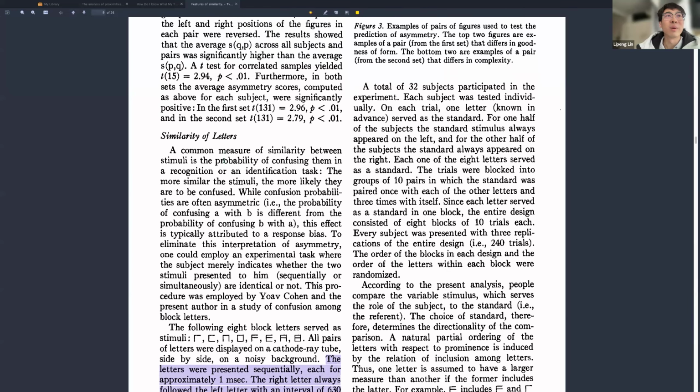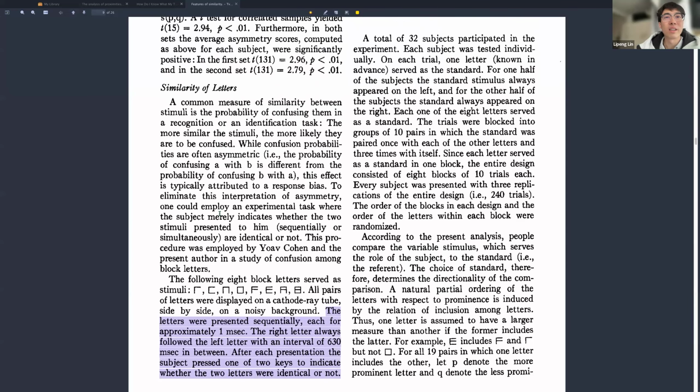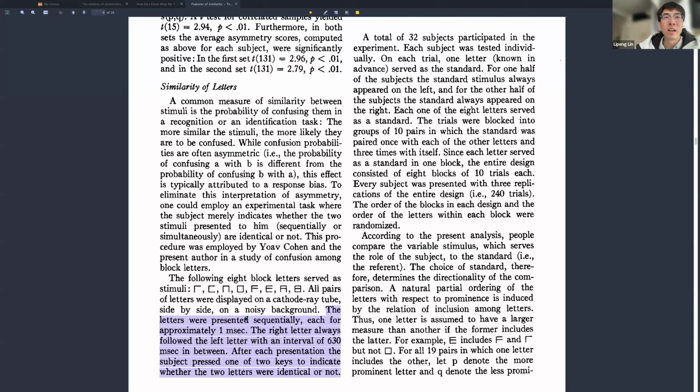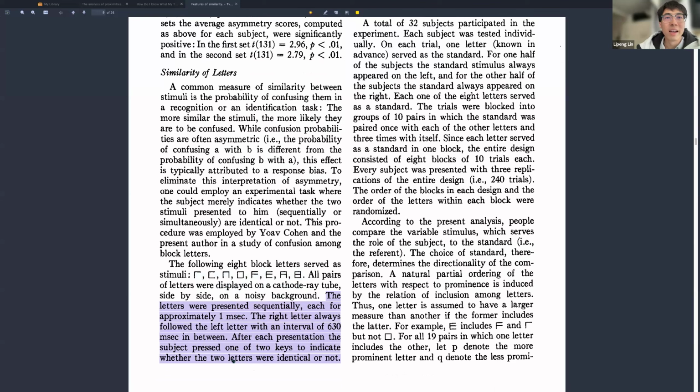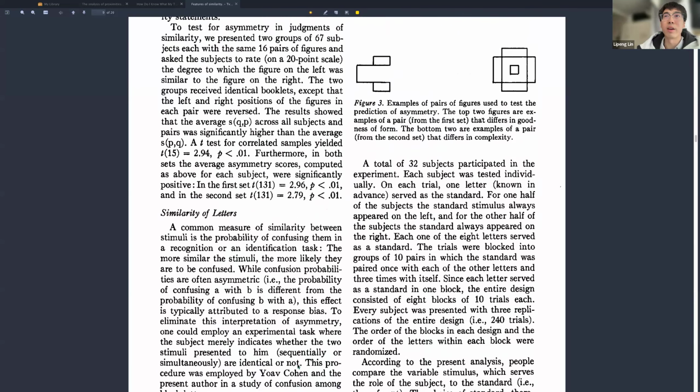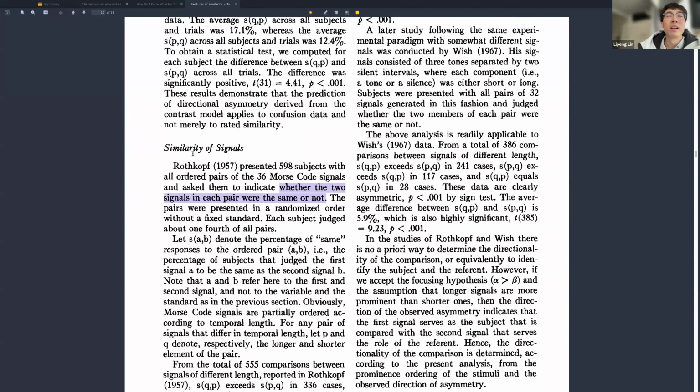And then let's go to the similarity of letters. But here it is different. They presented the stimuli in a temporal order, sequentially, right? And by using this temporal order, they assess the asymmetric effect. And then in the signals, they ask whether the two signals in a pair are the same or not.